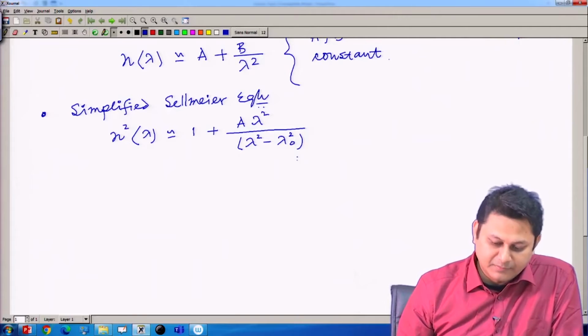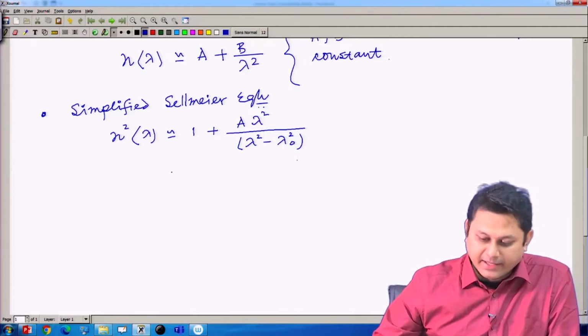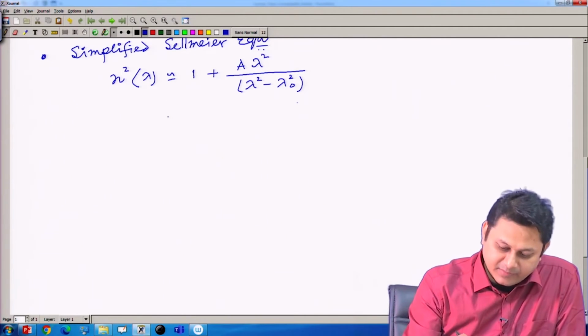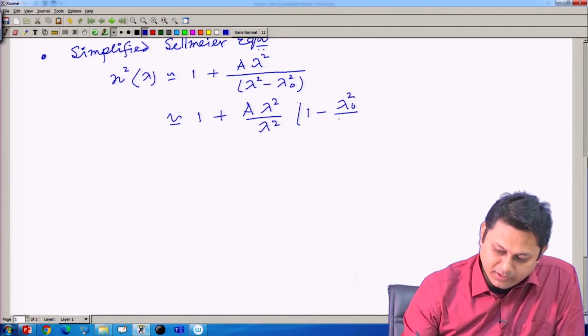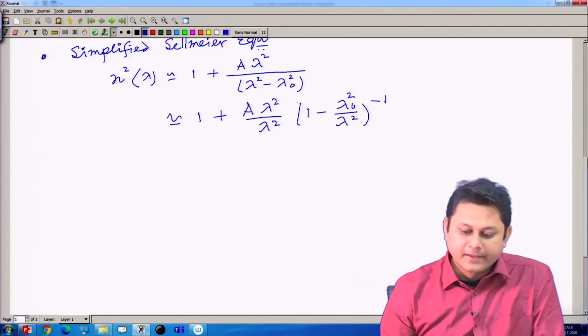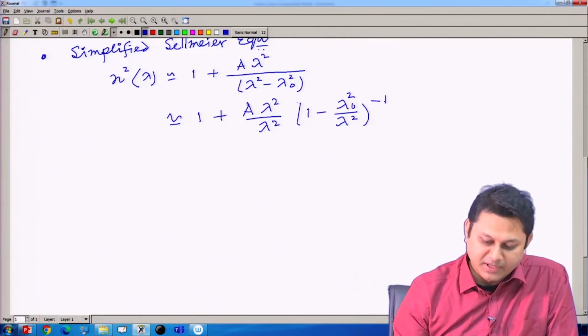So, this is the simplified Sellmeier equation, and now I can write this expression as 1 plus A lambda square divided by lambda square, 1 minus lambda 0 square divided by lambda square, minus 1. I take lambda square common out of that and then put it as minus 1.